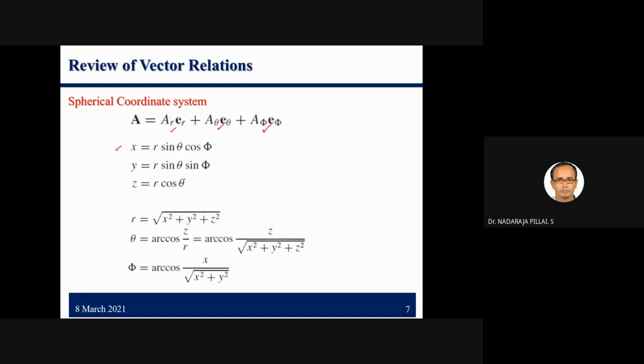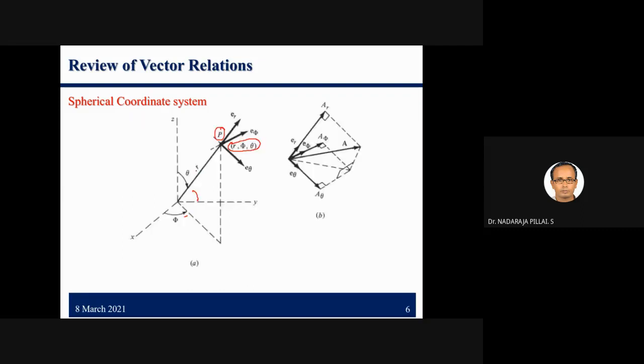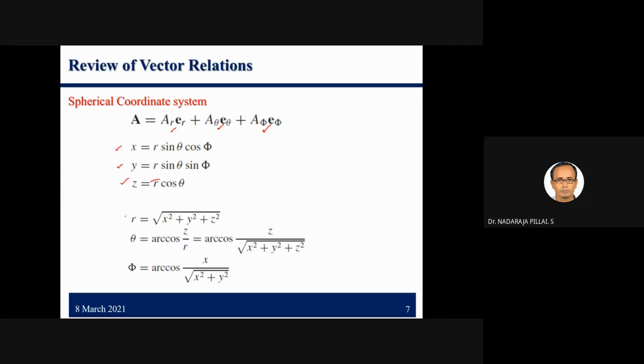As I said, x can be represented by r sin theta cos phi, and y can be represented by r sin theta sin phi. Now z can be represented by r cos theta directly. So r can be represented by the root of x squared plus y squared plus z squared.